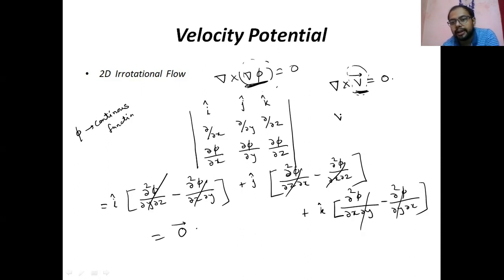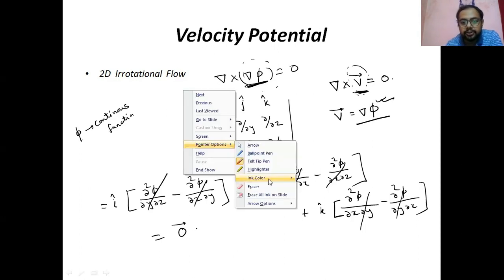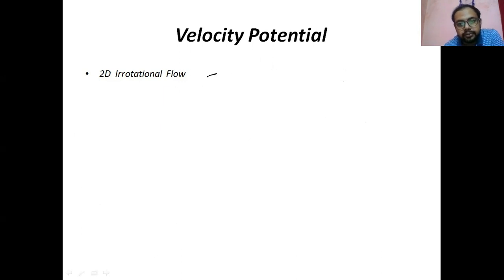So that's why you can write that the velocity vector is the grad of a function, and this function is known as the velocity potential function. So V is equal to grad phi, where phi is the velocity potential function.